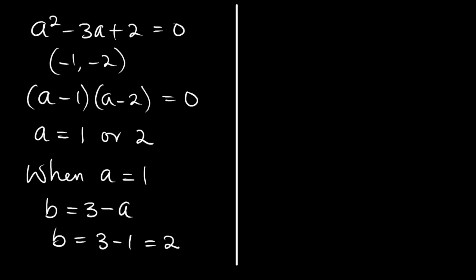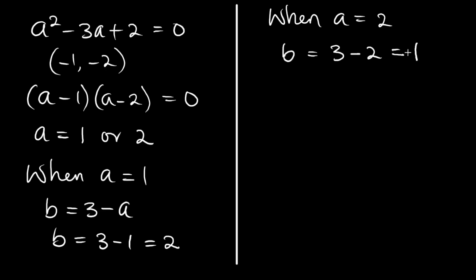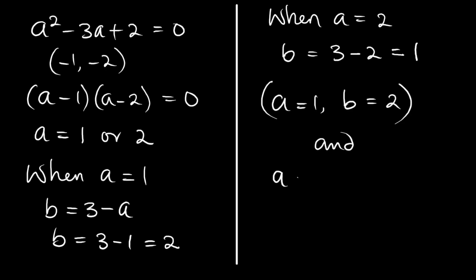When a is equal to 2, b is equal to 3 minus 2, and that is 1. So I have two solution sets: when a is equal to 1, b is equal to 2, and when a is equal to 2, b is equal to 1.